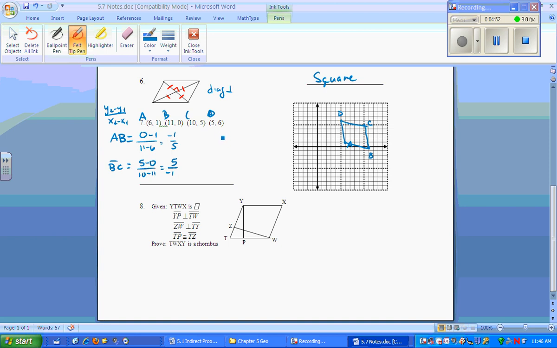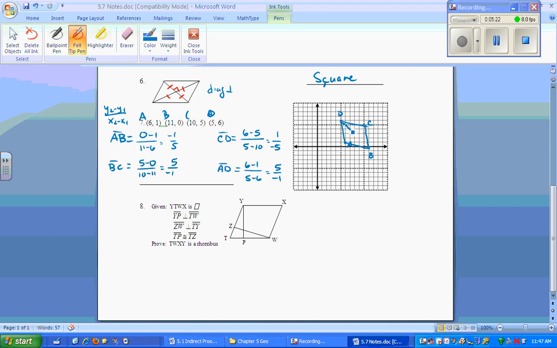We have CD, which gives us 6 minus 5 over 5 minus 10, 1 over negative 5. And then we have AD, which gives us 6 minus 1 over 5 minus 6, giving us 5 over negative 1.